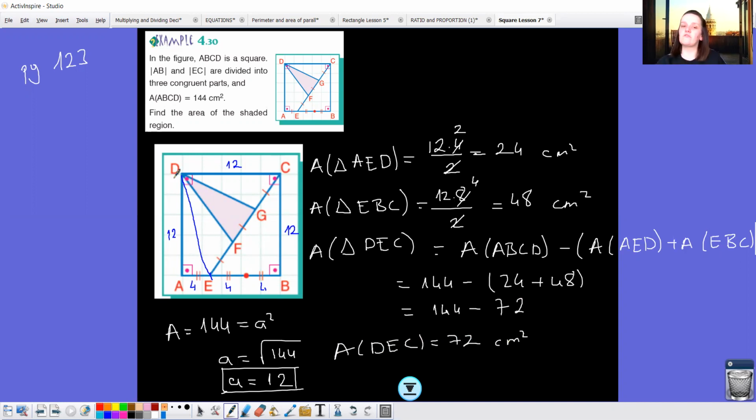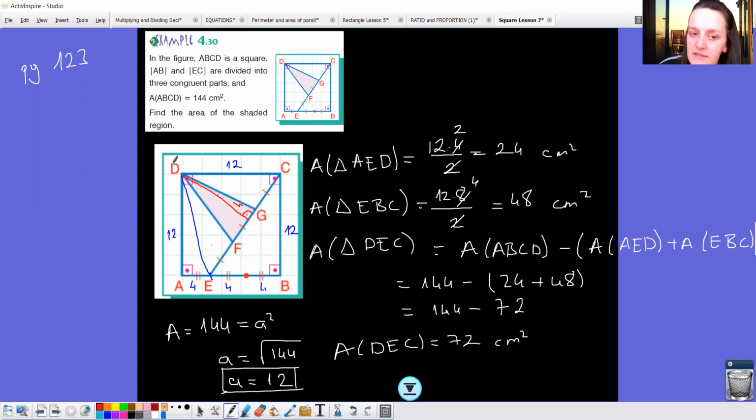Now I know the area of this triangle. Here in this triangle, how many parts do I have? 3 parts. The bases of the three triangles are the same, as you can see, and the height, if I draw it from the same vertex, is the same for all of them.